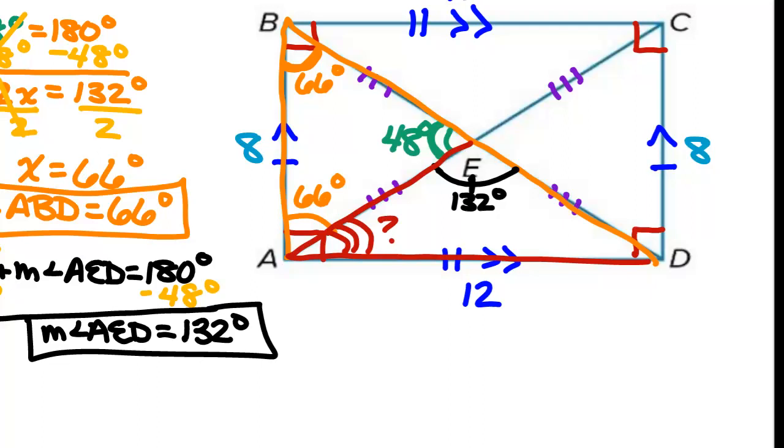Or, because now I know how big BAC is, I know that's 66 degrees, these two angles put together would have to add up to what? Has to add up to 90 because this is a rectangle and it's 4 right angles in the corner.